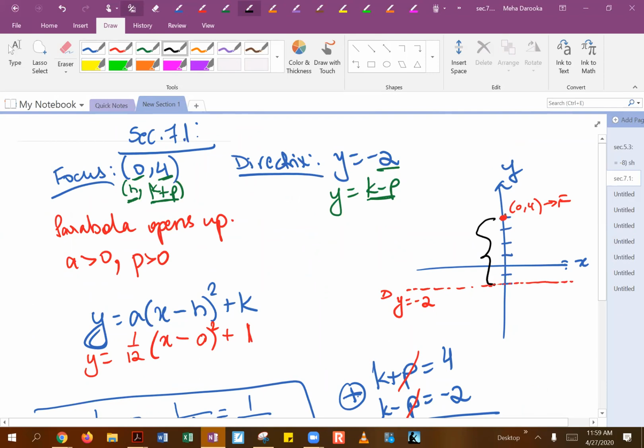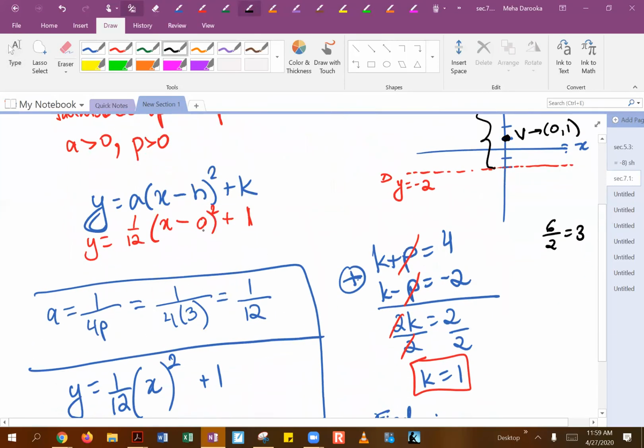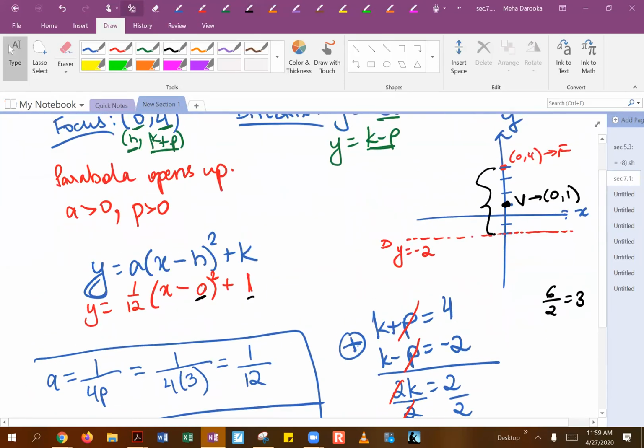If you start where your directrix is, at -2, and keep counting up till you get to the focus, that's 1, 2, 3, 4, 5, 6 places. 6 divided by 2 gives you 3. So at the third marker, right here, is where you would have found your vertex. So this vertex would have been at 0, 1.